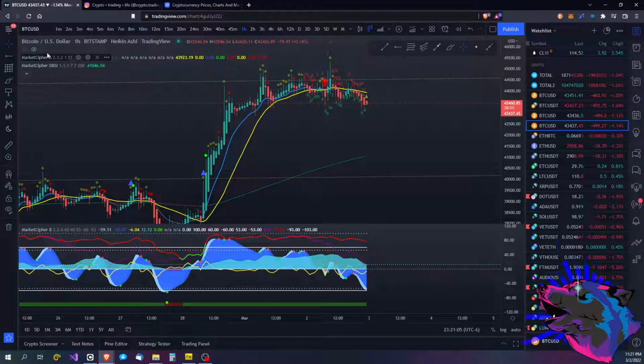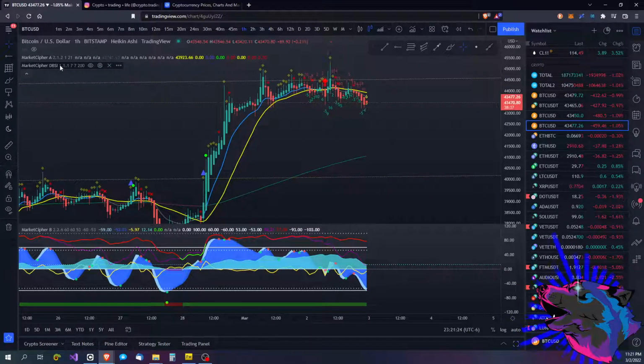Now you have Market Cipher A, which is up here, which is all the little symbols that show up above the candles. And then you got Market Cipher B down here, which is all your oscillators and your RSIs.